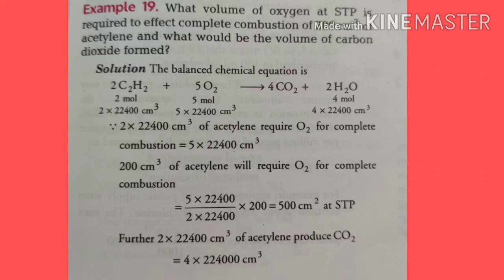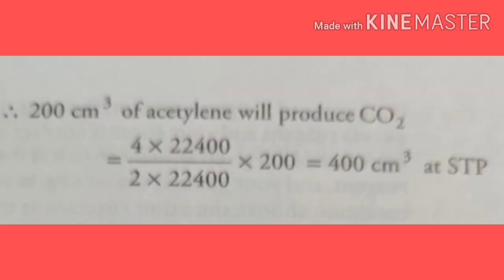Further, 2 into 22,400 cc of acetylene produces carbon dioxide equal to 4 into 22,400 cc. Now 200 cc of acetylene will produce carbon dioxide equal to 4 into 22,400 divided by 2 into 22,400 into 200, which is equal to 400 cc at STP.